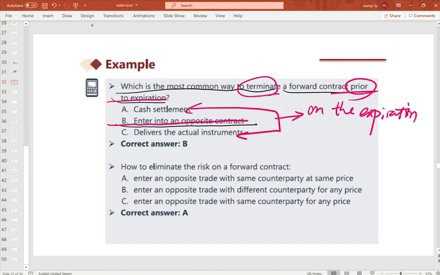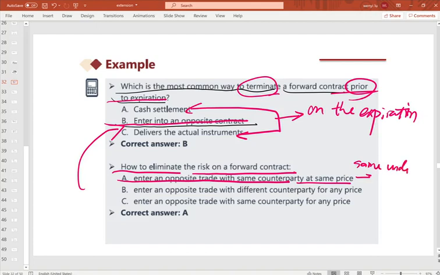Next one: how to eliminate the risk on a forward contract? Like we already showed, enter into an opposite contract. The perfect case, we will enter an opposite trade with the same counterparty, and the same price, with the same underlying asset. So what's the meaning of the same underlying asset?